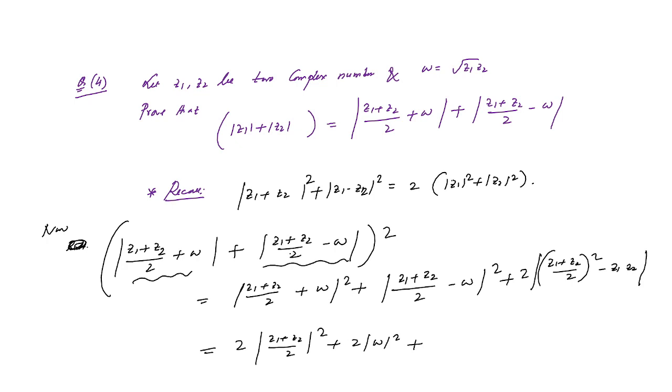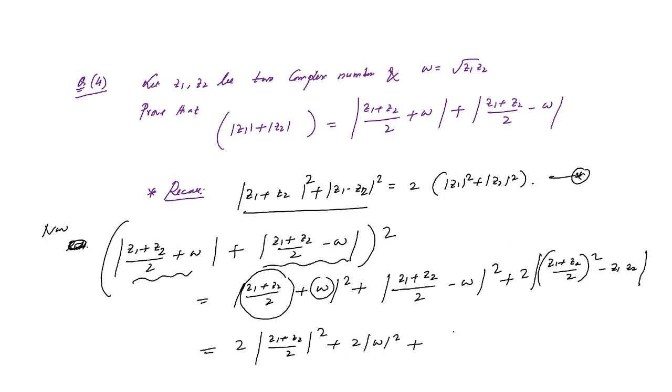Just use the formula. Consider this is z1 and this is z2. So |z1 + z2|² plus |z1 - z2|², so this will be 2 multiplied by |(z1+z2)/2|². Just apply this formula here.